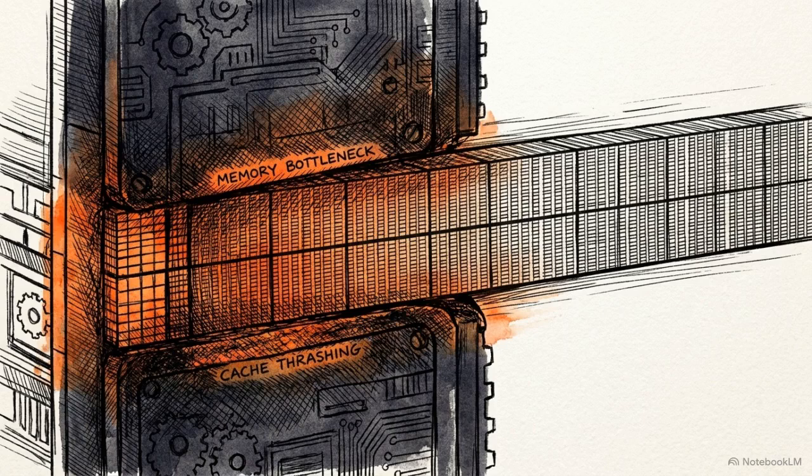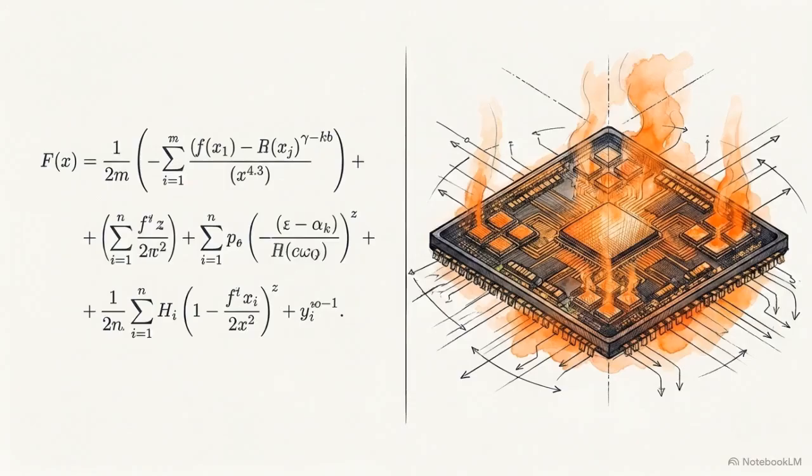When fed severely skewed shapes, the hardware suffers from memory-bound cache bottlenecks, spending more time moving data than computing it. A naive compilation strategy optimizes the math while ignoring the hardware. That oversight results in a fatal gap between theoretical efficiency and actual execution time.